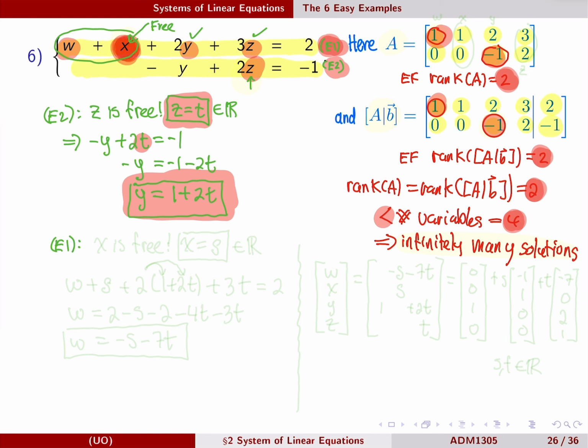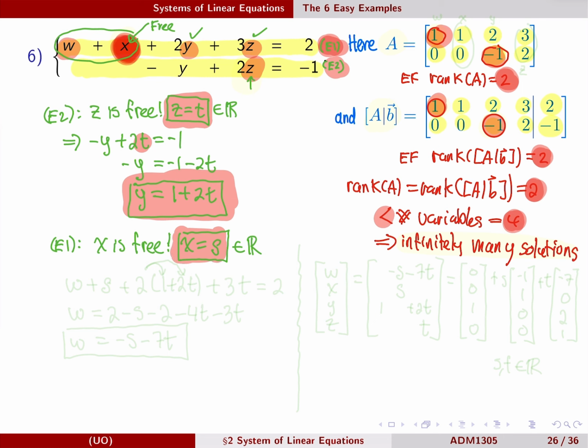So here, I'm going to say that x is also free. Of course, free in its own right, so it's not going to be equal to t. It's going to be equal to some other number. So I'm going to use s, and that's very standard. So let's say x is equal to s, a real number.